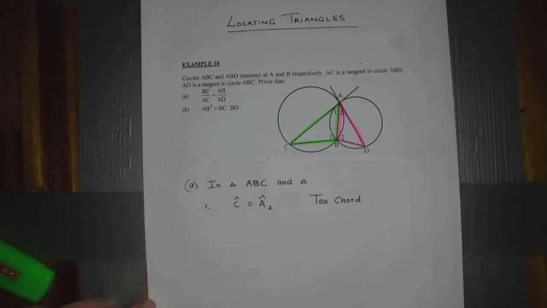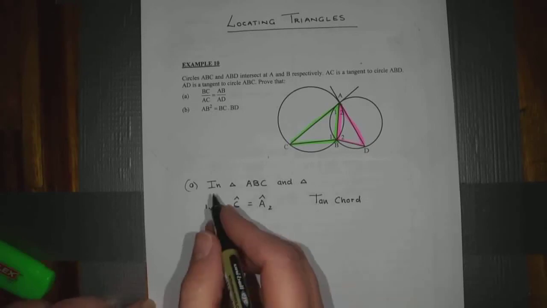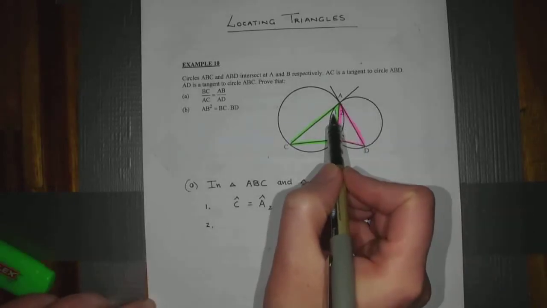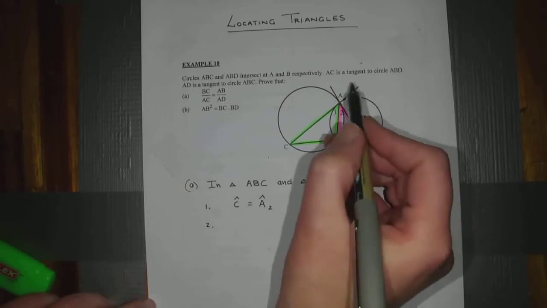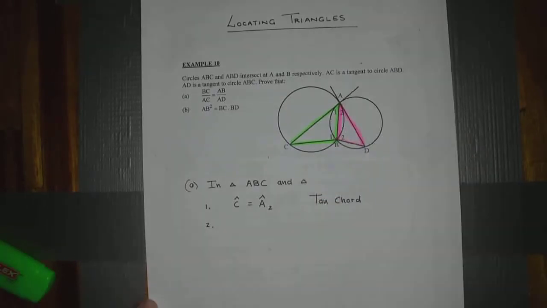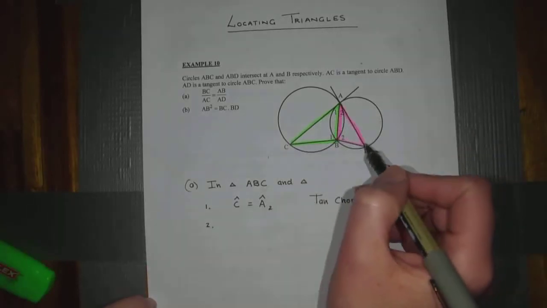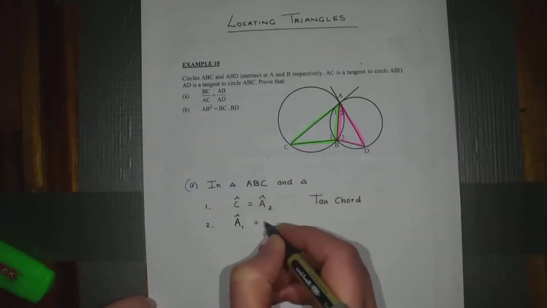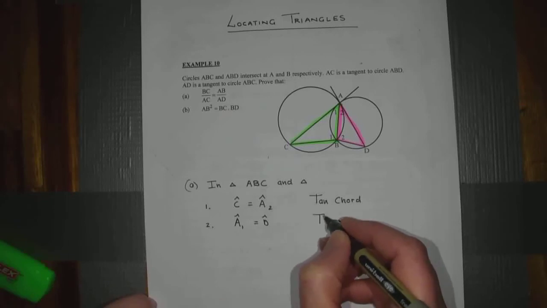And then I can also use tan chord over here, where I can say that angle C1, A2, wow. You'd swear I wrote accounting just now. Okay, angle A1 is equal to angle D. That's also tan chord.